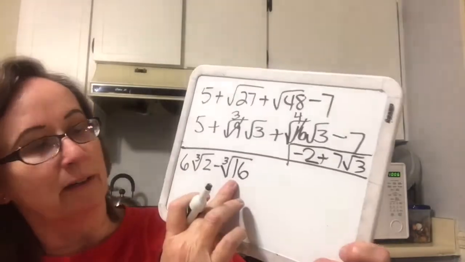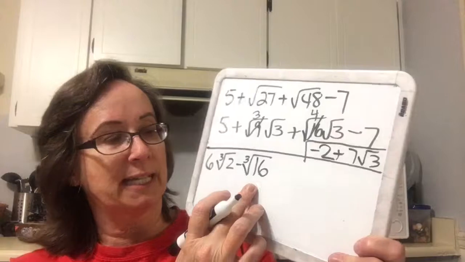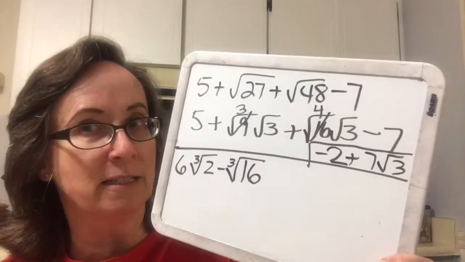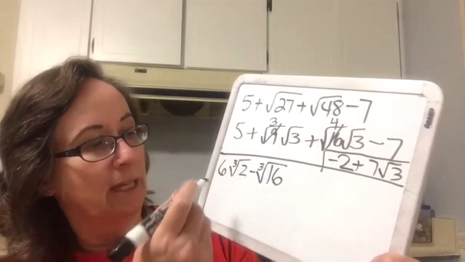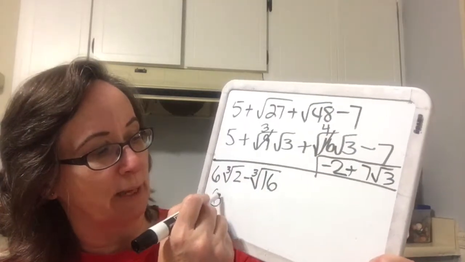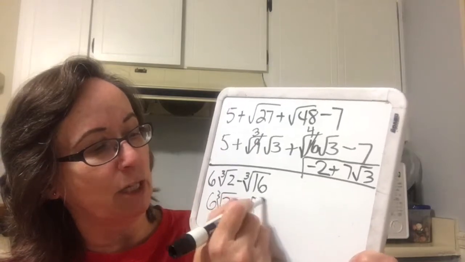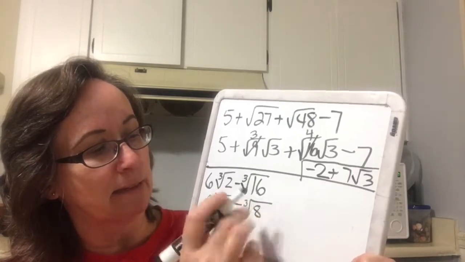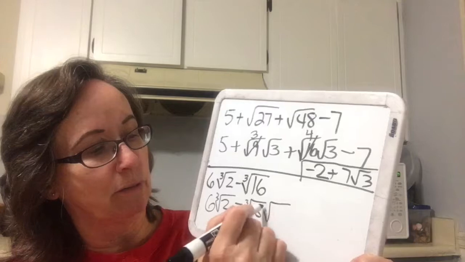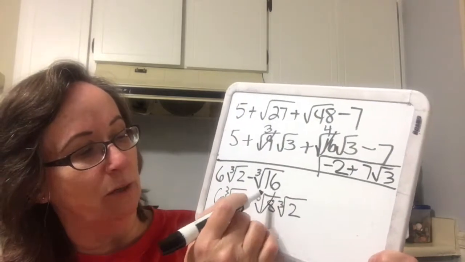Okay, down here, again, we're looking, can we simplify the cubic root of 16 so that it turns into a cubic root of 2? So this one we can't do anything with, but we'll just write it down. Cubic root of 2 minus the cubic root of 8 cubic root of 2. And the cubic root of 8 is 2.